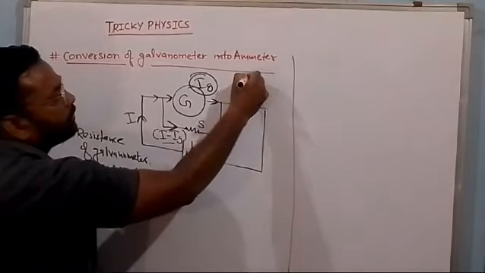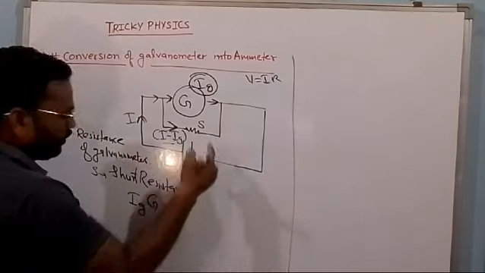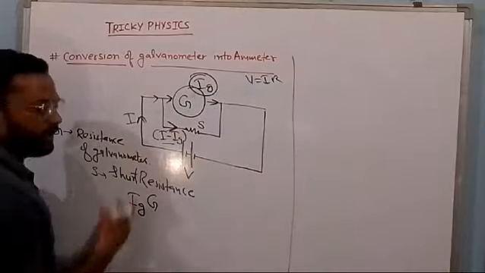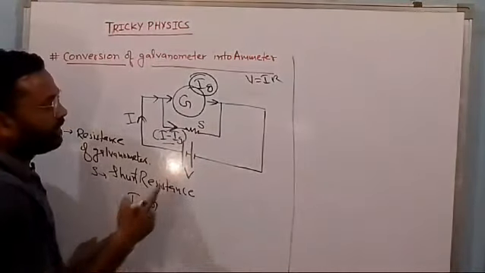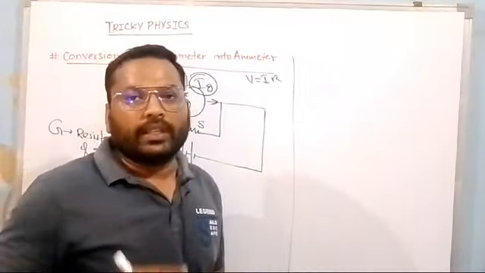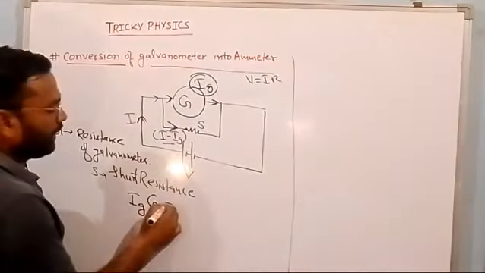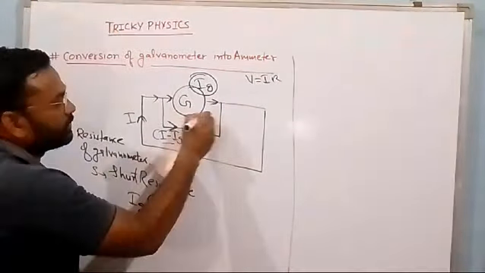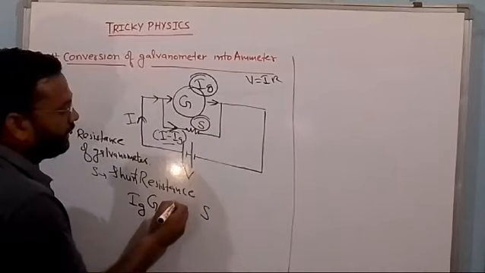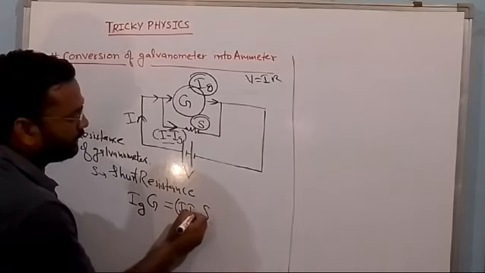As you know, Ohm's law: V is equal to IR. So Ig is the current of the galvanometer, and capital G is the resistance of the galvanometer. For the shunt resistance, the resistance is S and the current is I minus Ig.